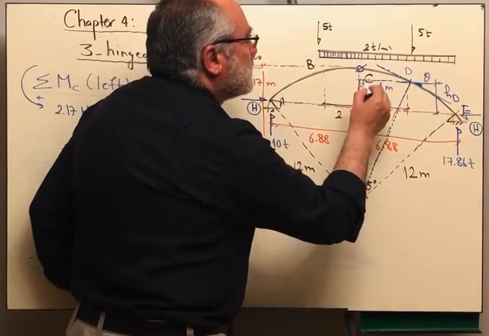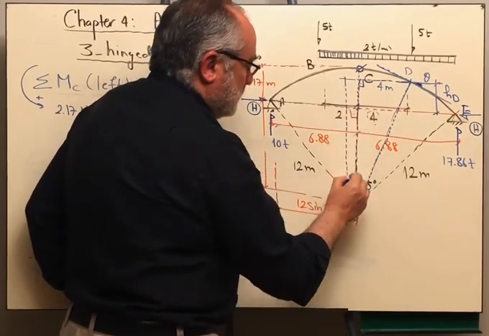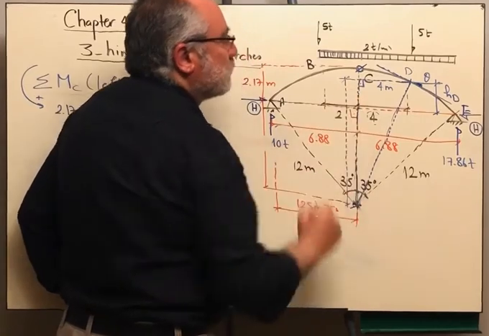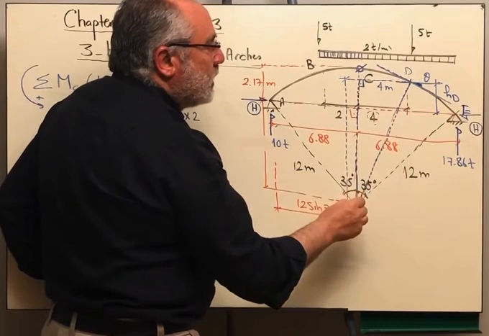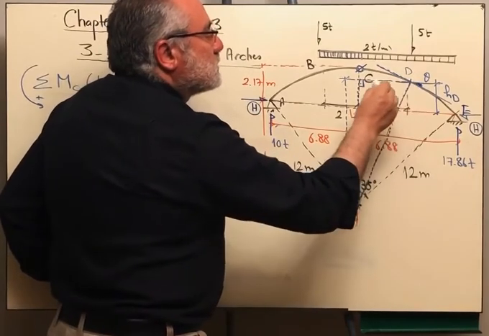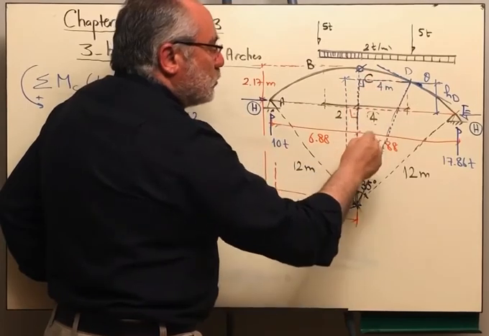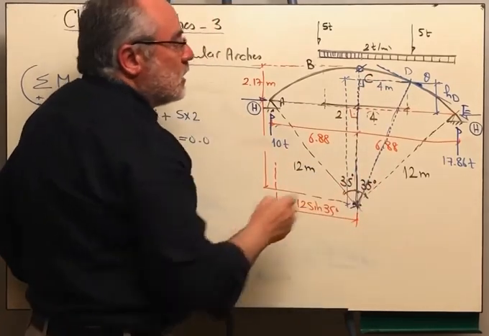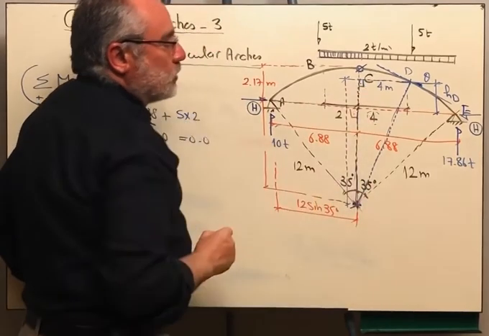Therefore, I can get this distance from Pythagoras: the hypotenuse square minus the opposite square should be equal to the adjacent square. From there I can get this distance from the origin up to this point.